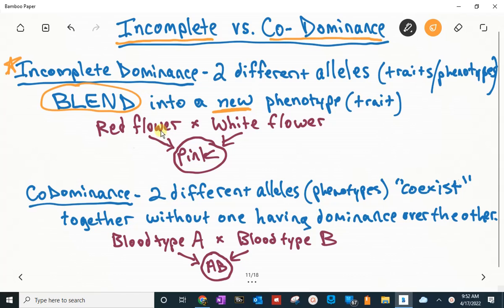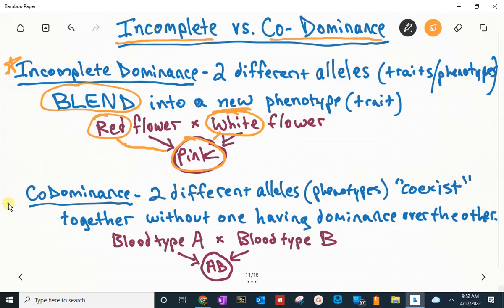A good example of this is if you have a red flower and it crosses with a white flower and their offspring ends up having pink flower petals. See, the red crossed with the white and it blended into a brand new phenotype, which is the pink petals.